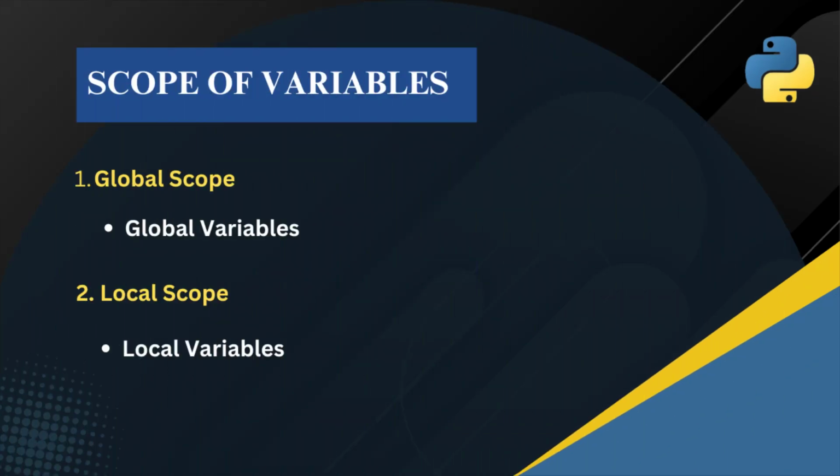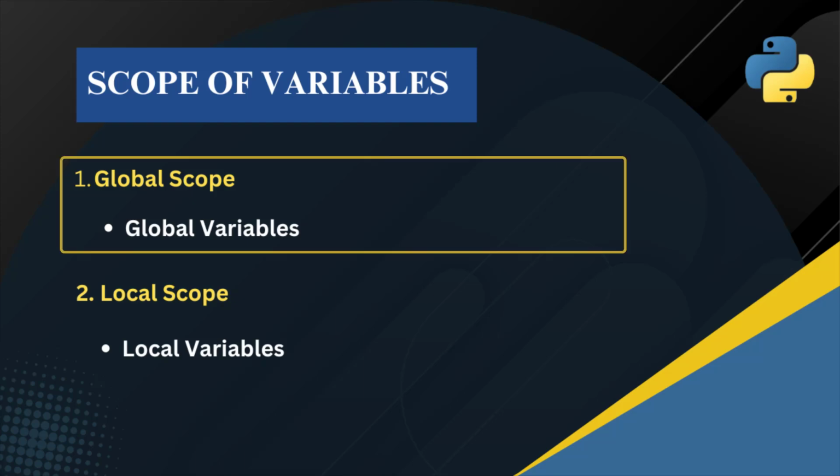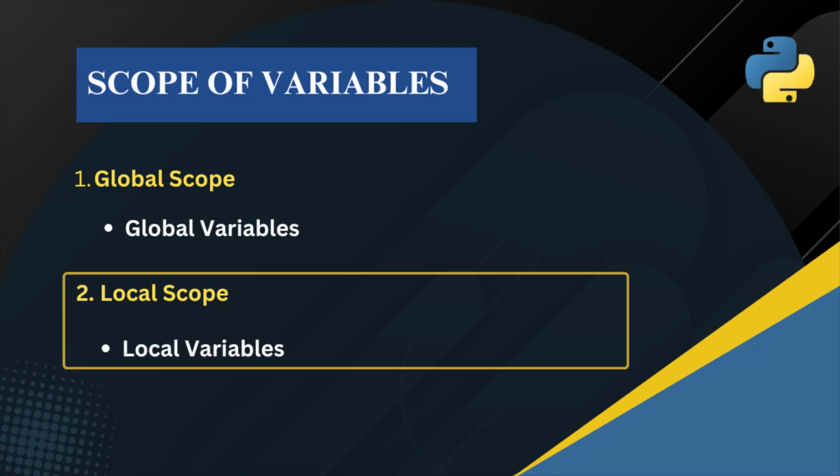Previously, we looked at variables as containers for storing data. So these variables always have a variable scope, and the variable scope is more like the accessibility level of a variable within a program. So there are two types of variable scopes, and that is the global scope and the local scope.